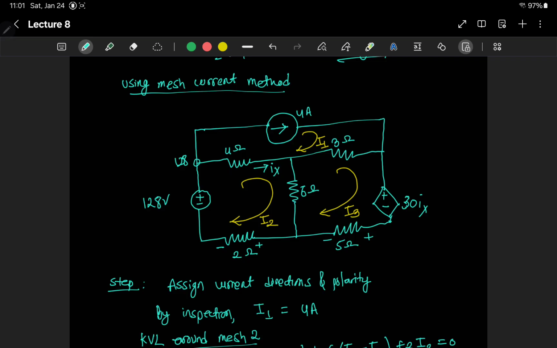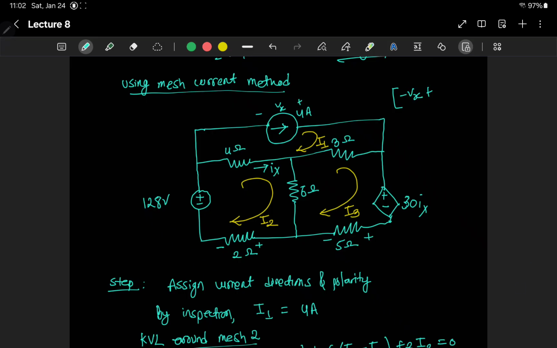So if we do that, we'll get minus Vx. Let me go back and realize this. We can apply this around the loop. This is going from minus to plus, so it will be minus Vx.